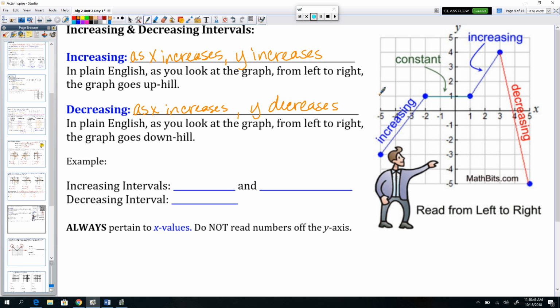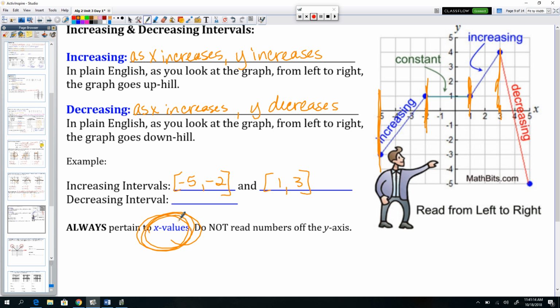You will tell me that this graph is increasing in the window between -5 and -2. This is the window. -5 to -2 is the interval during which this graph is increasing. It increases again in the window between 1 and 3.